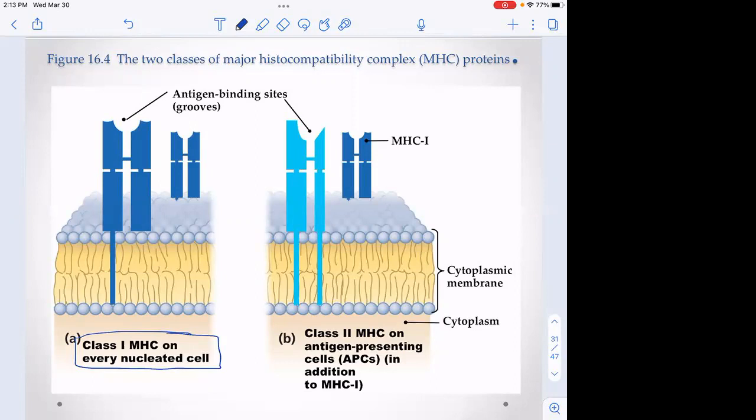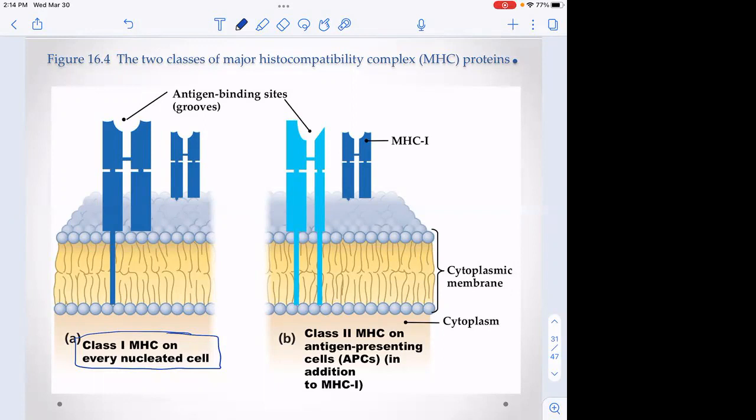Okay, so think about the cells that don't have a nucleus. The only one that I know of, there might be other ones, are red blood cells, right? They don't present antigen with MHC class 1, but every other cell has this mechanism. And this is a mechanism that cells have to advertise on their surface what's going on inside their cell. Okay, so this is happening normally all the time, and we're going to look at the basic mechanism here.